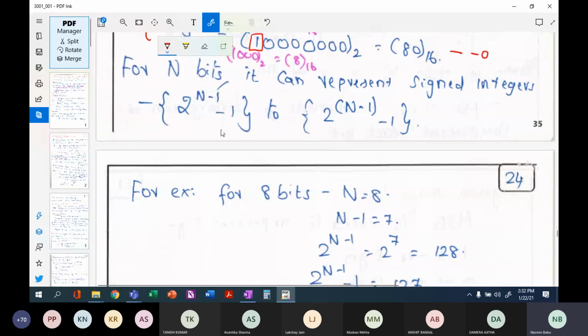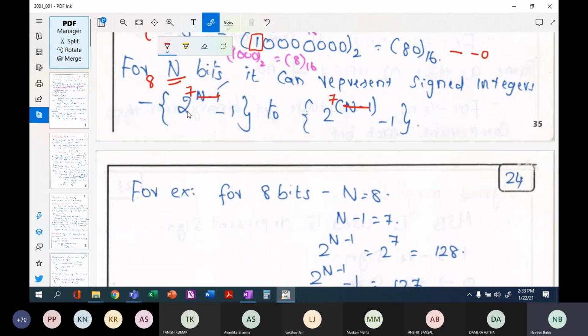So in general, how can you write an n-bit representation? It is using this representation, which is minus 2 power n minus 1 plus 1 to 2 power n minus 1 minus 1. If you don't remember this, just apply some value and see. If you consider n equal to 8, then n minus 1 is 7.